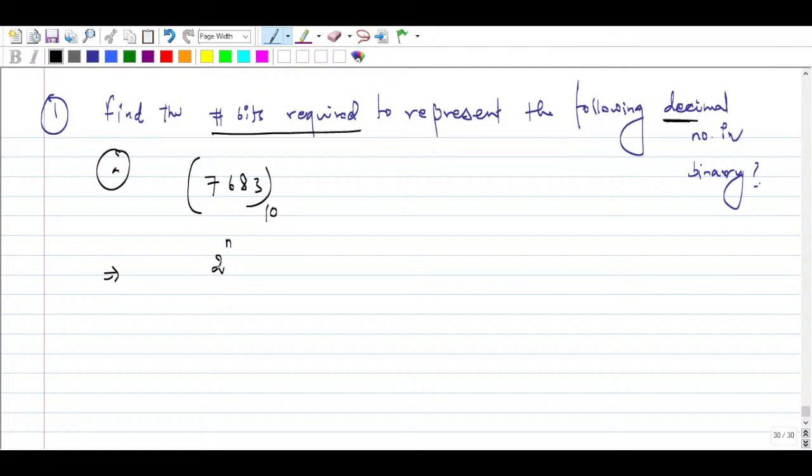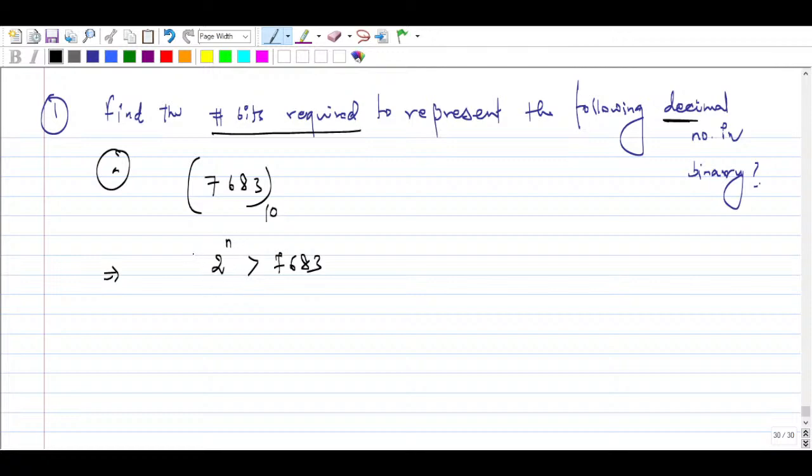So 2 raised to power n should be greater than 7683. This is the first method you can use. Now you have to express 7683 in base 2 so that you can equate the power, to find the n value.